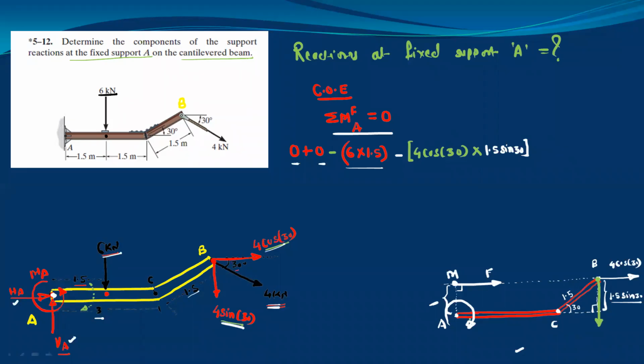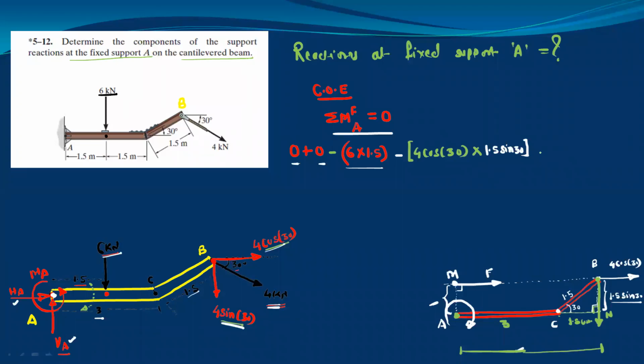For this force, your total perpendicular distance will be from the point A. If you draw the perpendicular, this total distance is the perpendicular distance. Okay, so here we have 3 meter, 1.5 plus 1.5, and plus we have to add this distance. Let us take this point as N. So distance CN is equal to 1.5 and this angle is 30. So it is 1.5 cos 30, because CN is the adjacent side and VN is the opposite side.